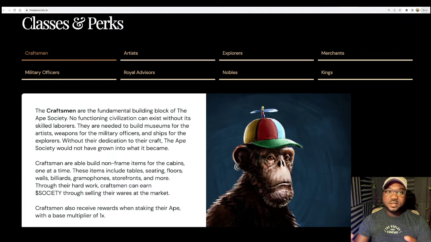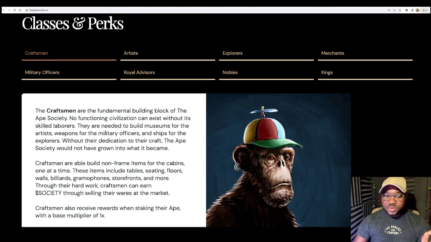The craftsmen cannot build these frames, right? You have to purchase them, and I believe there's a limited amount, and that's why the craftsmen are not able to build them, right? So non-frame items, they can build those, and these items include tables, seating, floors, walls, billiards, gramophone, storefronts, and more.